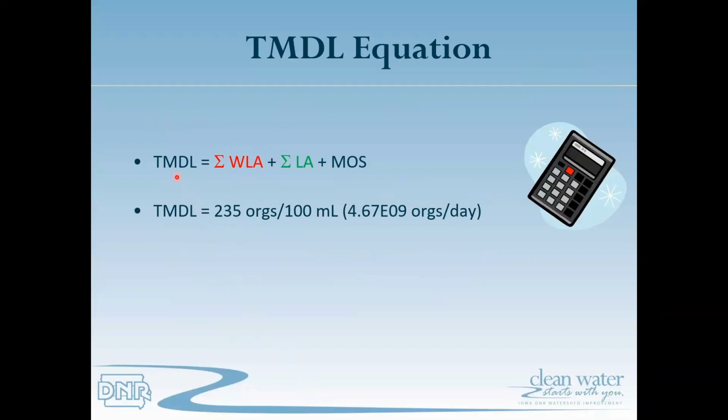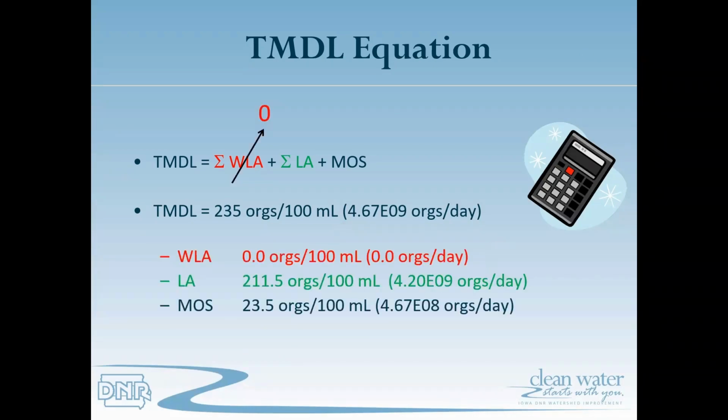So our TMDL is equal to the summation of all of our waste load allocations plus the summation of all of our load allocations and our margin of safety. And our target goal, our TMDL target goal, is a concentration of 235 organisms per 100 milliliters, or in a mass loading as represented here.